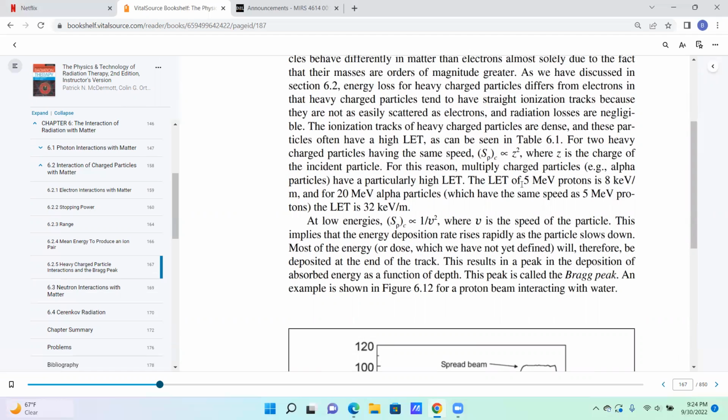Multiply charged particles have a particularly high LET. The LET of 5 MeV protons is 8 keV per micrometer, and for 20 MeV alpha particles, which have the same speed, the LET is 32 keV per micrometer.